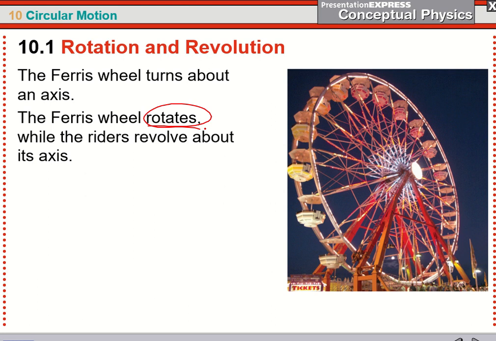The riders on the Ferris wheel, however, are revolving. The Ferris wheel is rotating because it's going around a point that's inside the Ferris wheel. However, the people are revolving because they're not spinning around a point that's inside of them. They're going around some point that's further away from them.